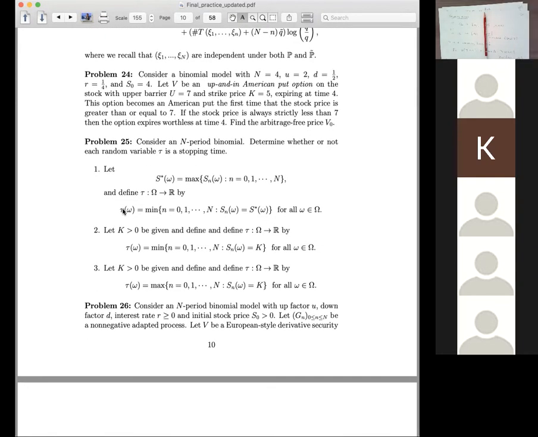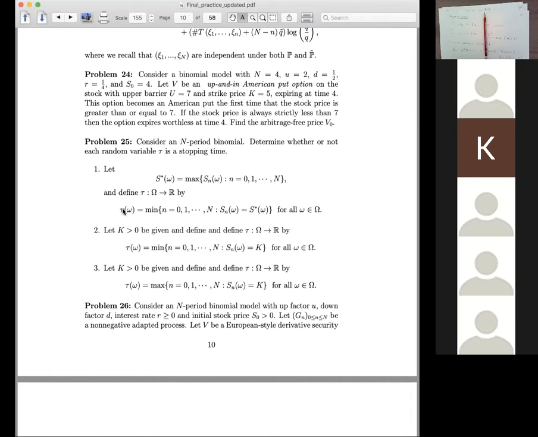So you see, we have an n-period binomial model. S star is just the maximum, and then we're defining 3 random variables in 25.1, 25.2, and 25.3, and the question is which ones are stopping times.